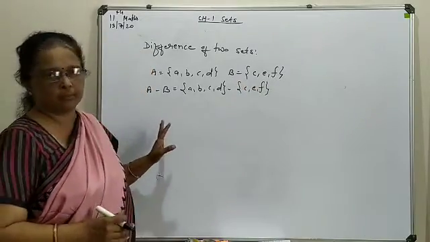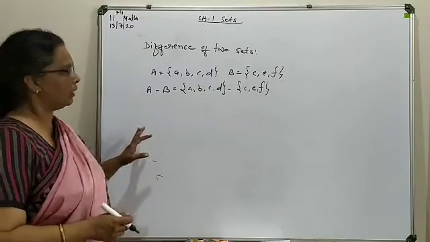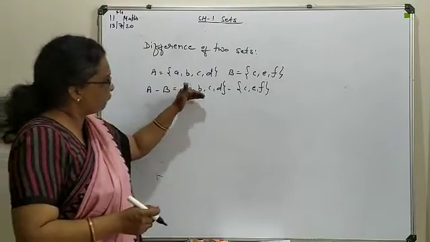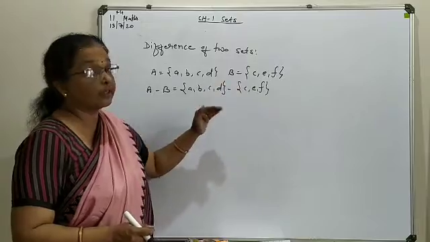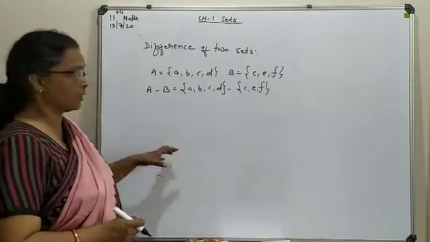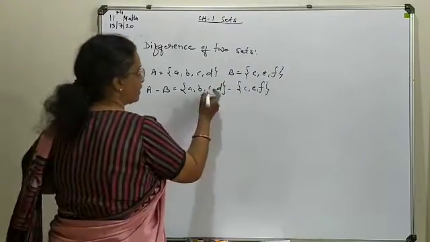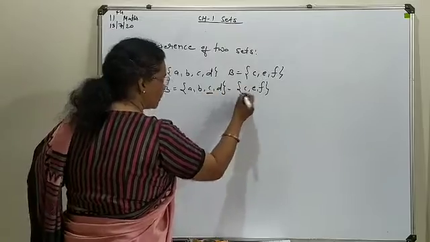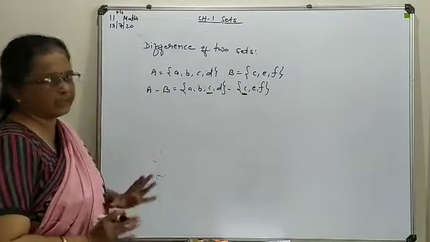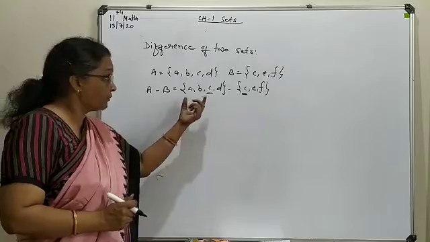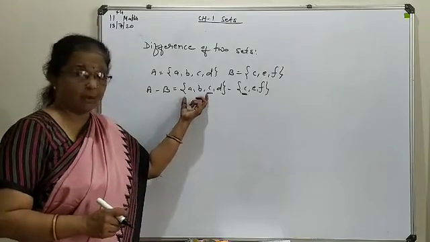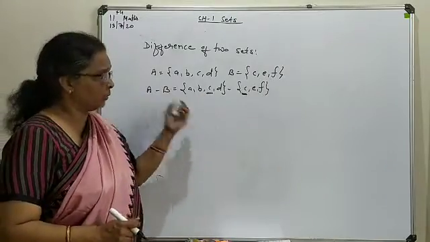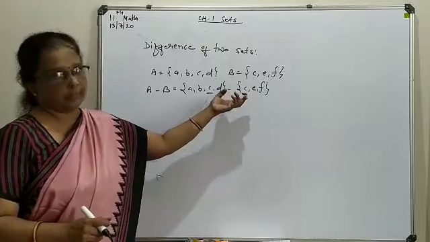When you perform the difference, check which elements are common to the first and second sets, and underline them. Here C alone is the common element. That element we have to cut from the first set only. We are not bothered about the second set's elements.